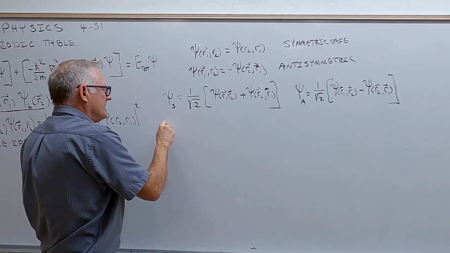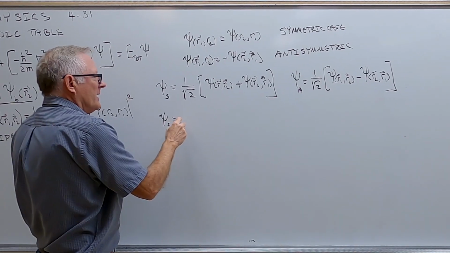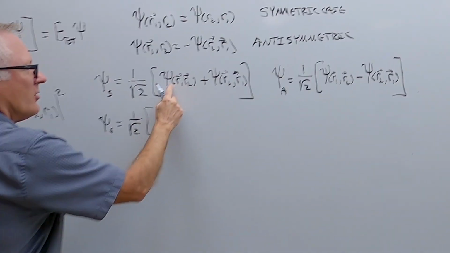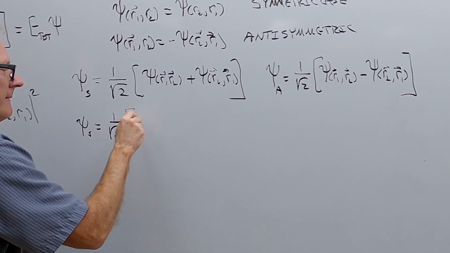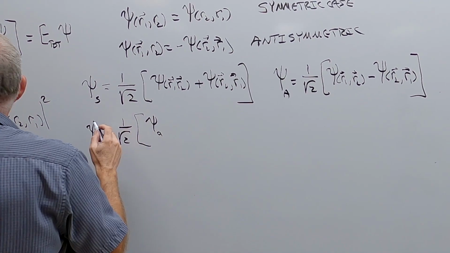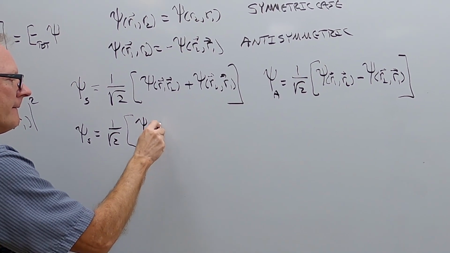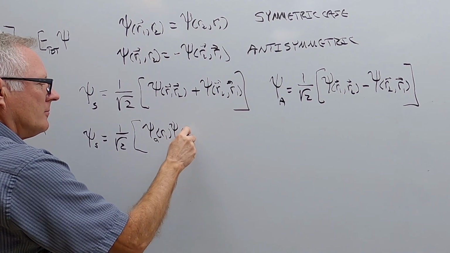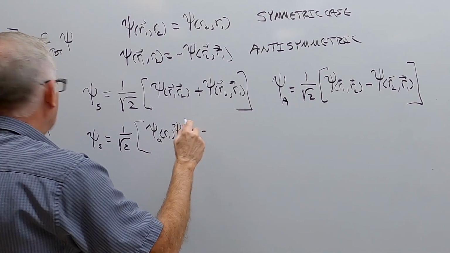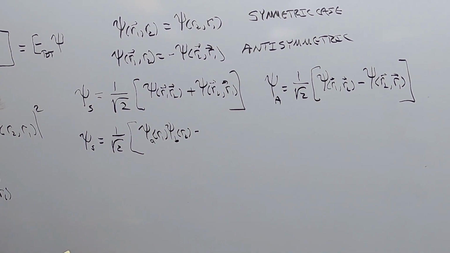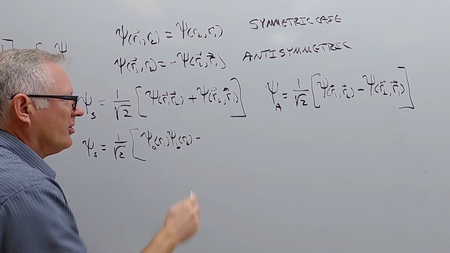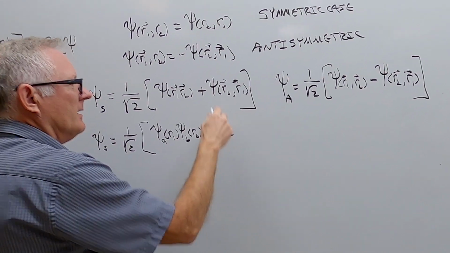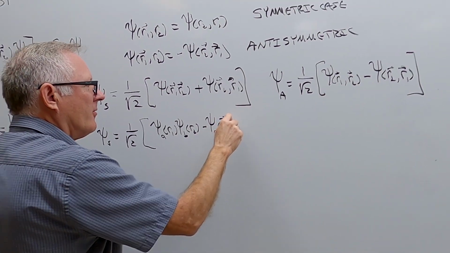So this psi symmetric is 1 over the square root of 2, psi A of R1, psi B of R2, and then minus psi A of R2, psi B of R1.